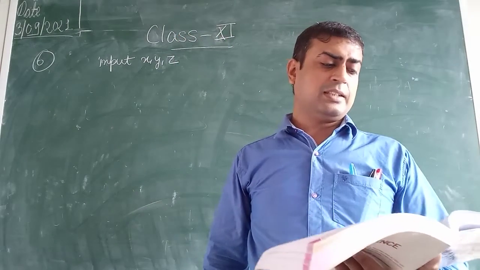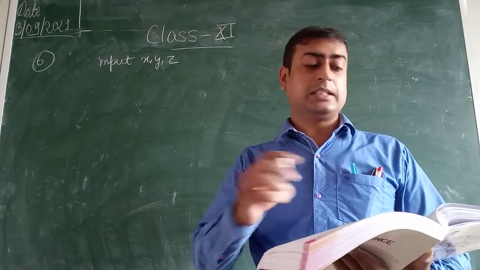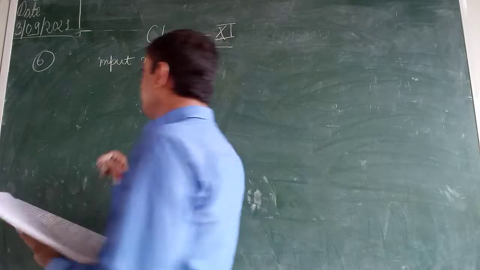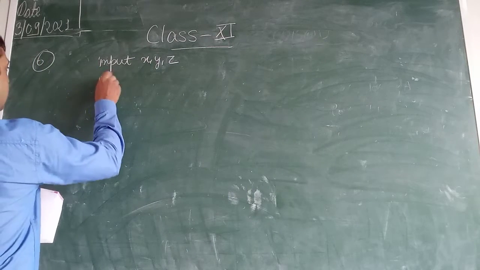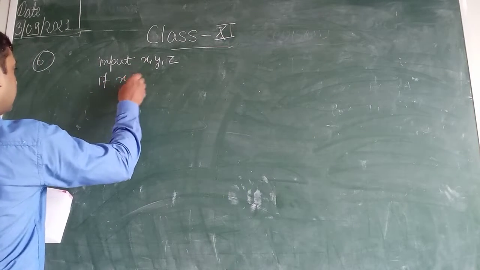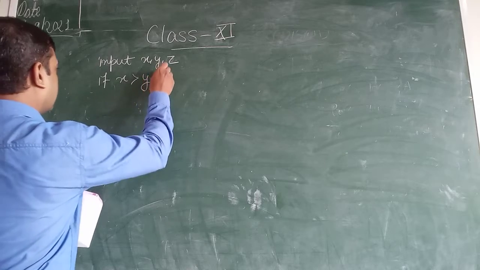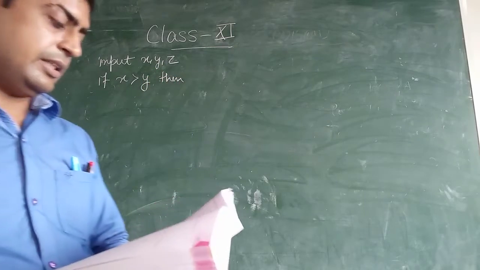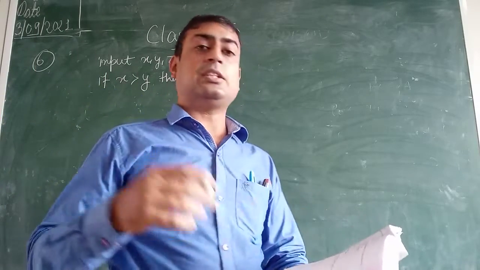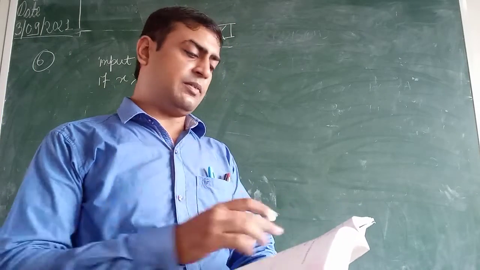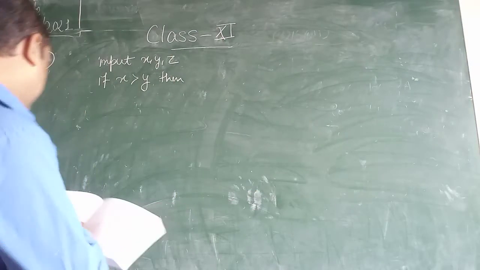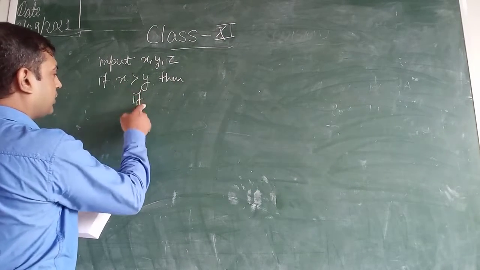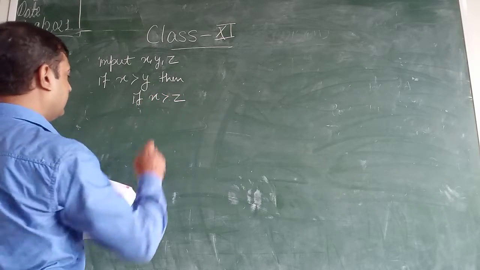Now next is decision making. So you have to use if condition. If x is greater than y, then if it is true, the yes part will be evaluated. x is greater than z.